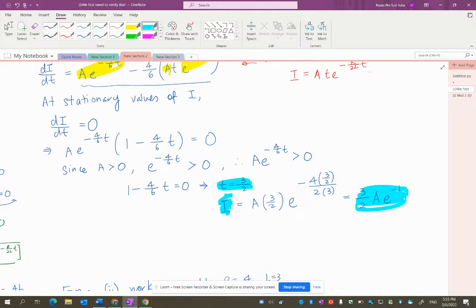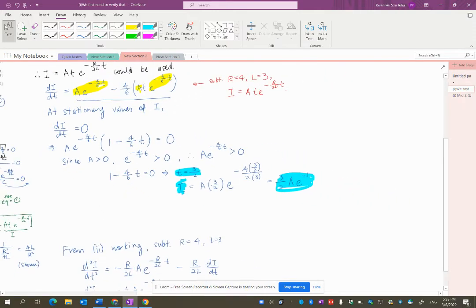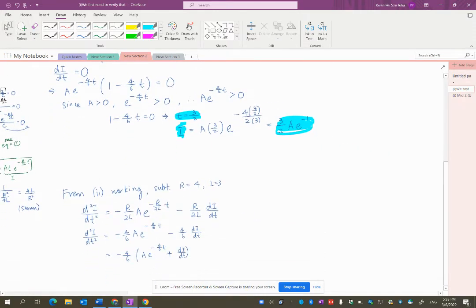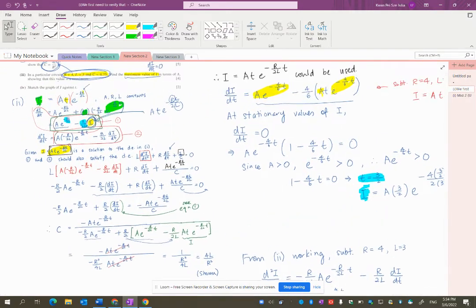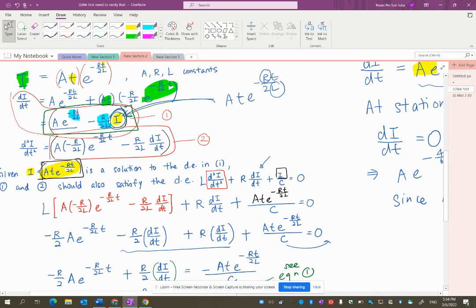The last part we're going to do is verify that this stationary value of I is indeed the maximum value of I. How do we do that? We will use the second derivative test. To use the second derivative test, we need to get the second derivative. Again, you don't need to differentiate your first derivative again. You can actually pull out the working from part 2. From part 2, we already have found the second derivative, which is our equation 2.